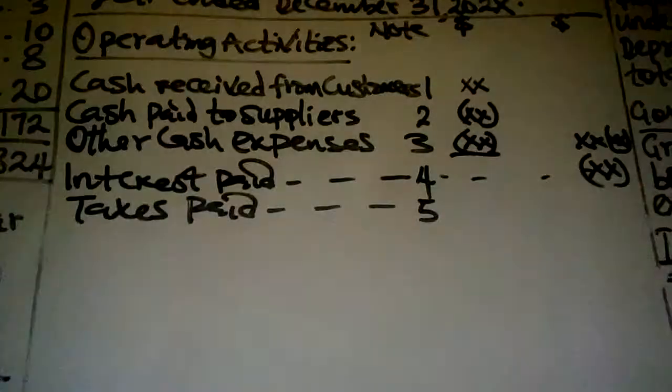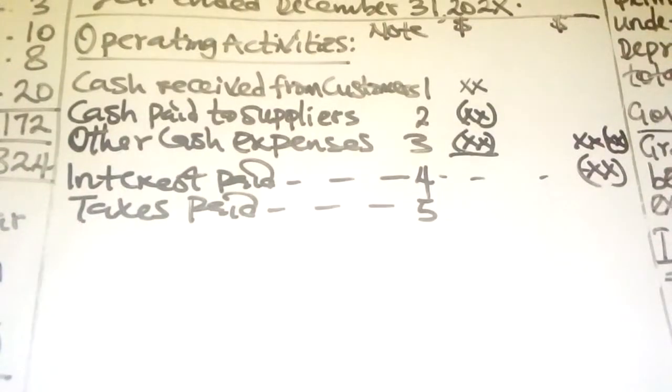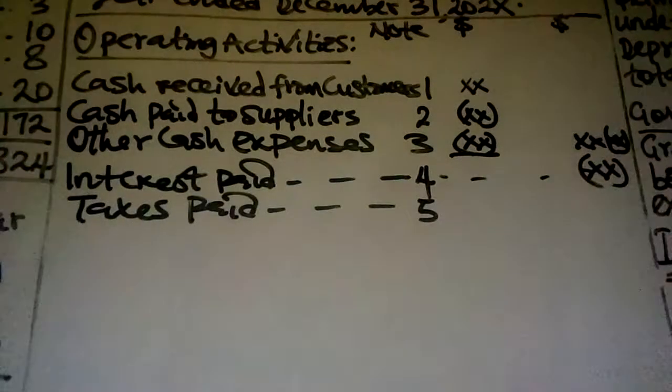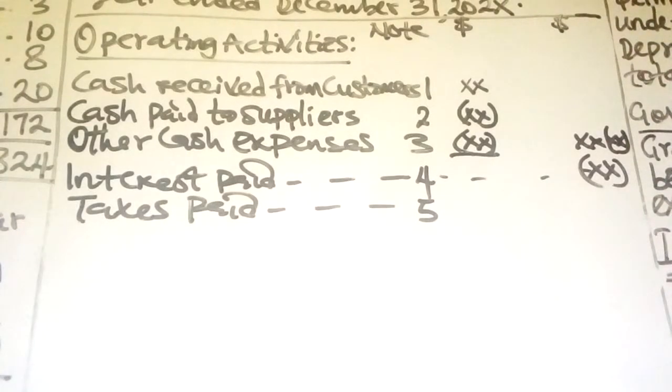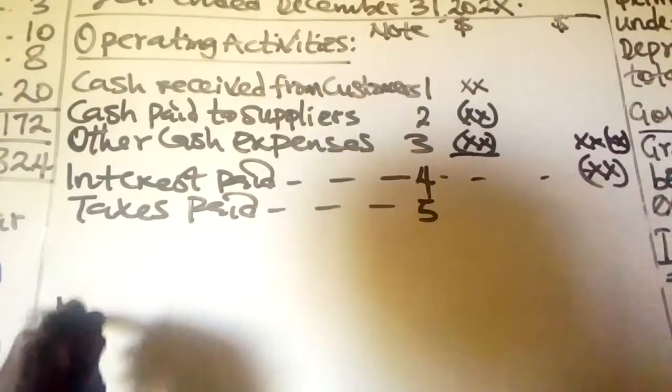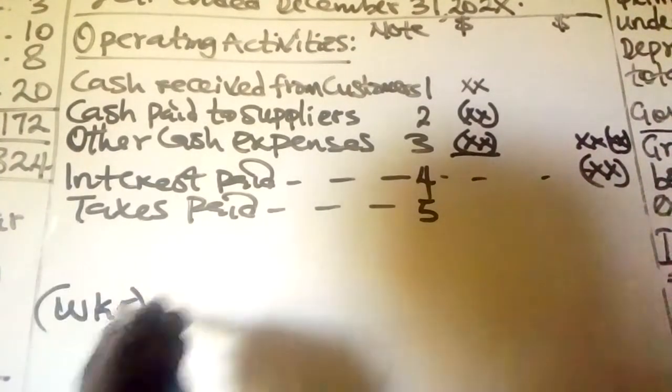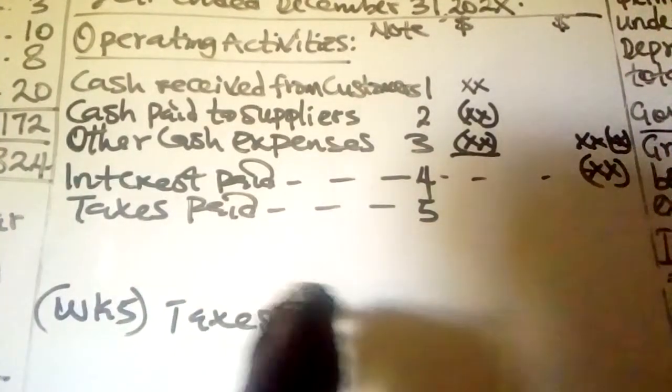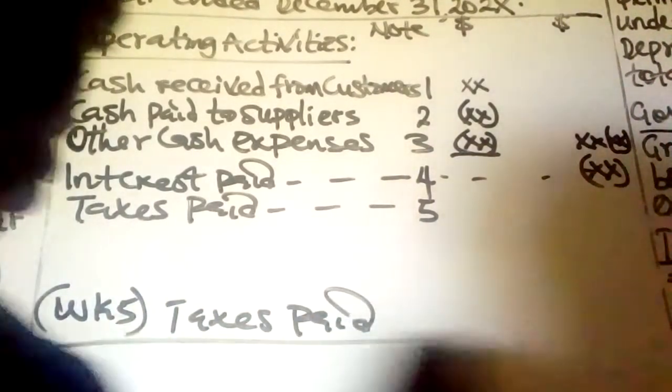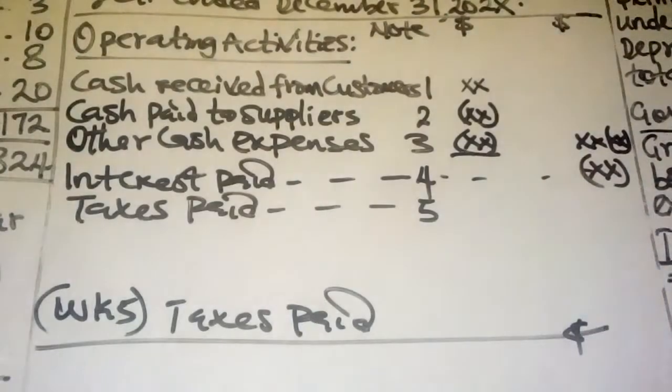So taxes paid. I've told you that you see tax information in both current and non-current liabilities and the statement of profit or loss. So taxes paid now, note 5. Don't forget, you start with the opening balance as usual.